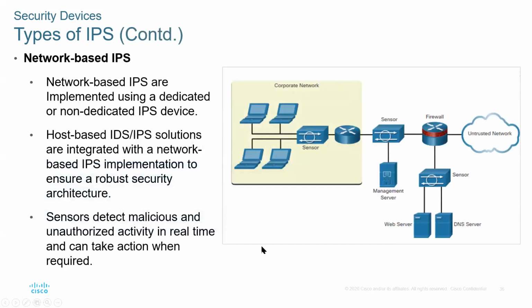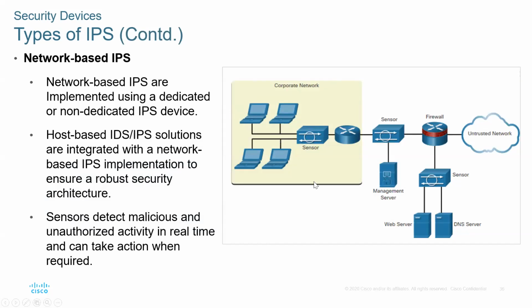With a network IPS, it's going to be implemented with dedicated hardware. As you see here, we have untrusted traffic come into our firewall. We have a sensor before we hit our web servers and DNS servers. And then we have a sensor going back to our corporate network, where we have a management server, and then another sensor to make sure that we don't have traffic going between PCs.